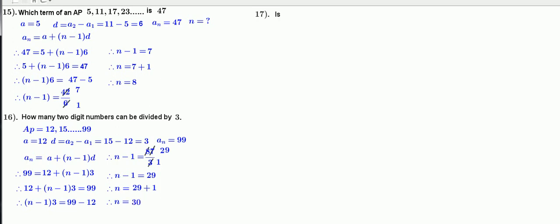Problem number 17. Is 301 a term of the AP 5, 11, 17, 23 and so on? In this problem, we have to calculate the number of terms of the given AP. If n is a natural number, then 301 will belong to this AP.